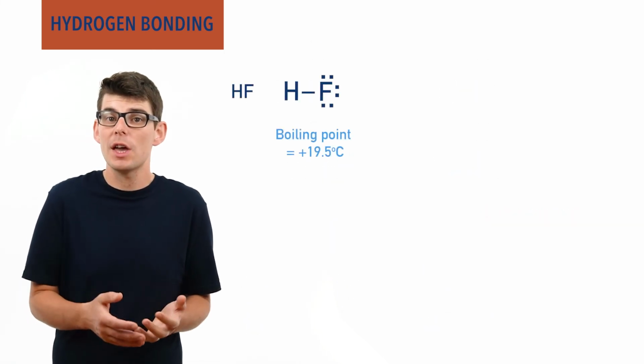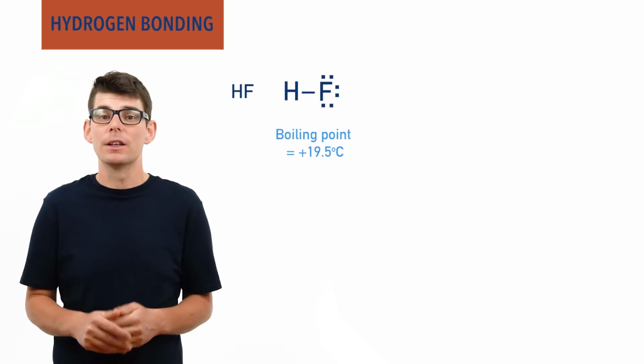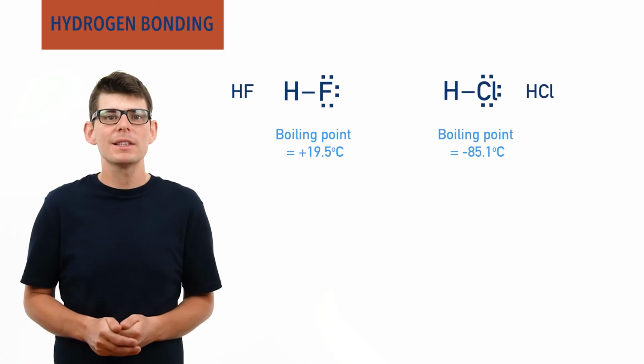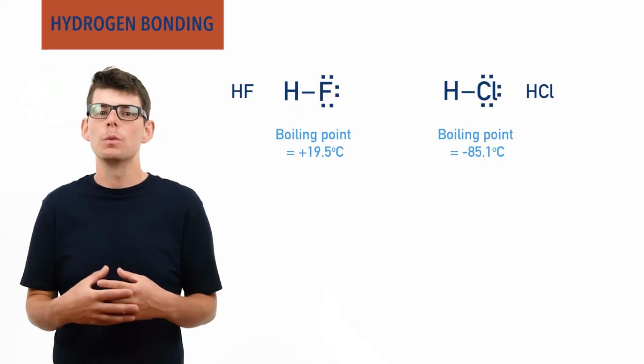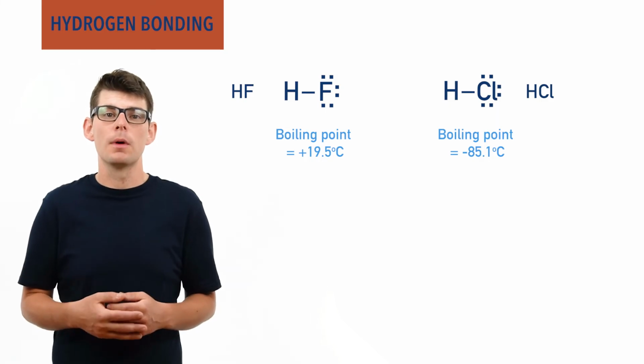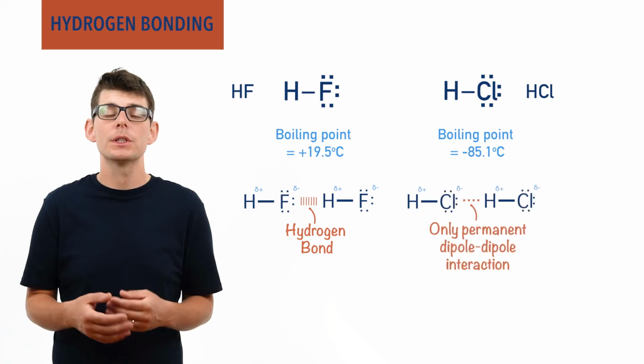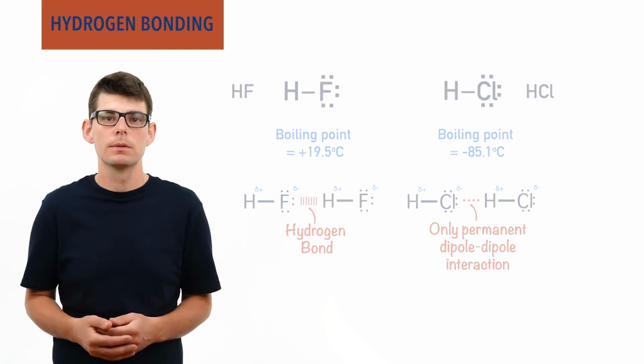Hydrogen fluoride, HF, has a boiling point of 19.5 degrees Celsius, and hydrogen chloride, HCl, has a boiling point of minus 85.1 degrees Celsius. Again, HF molecules can form hydrogen bonds between themselves. HCl molecules can only form permanent dipole-dipole interactions.